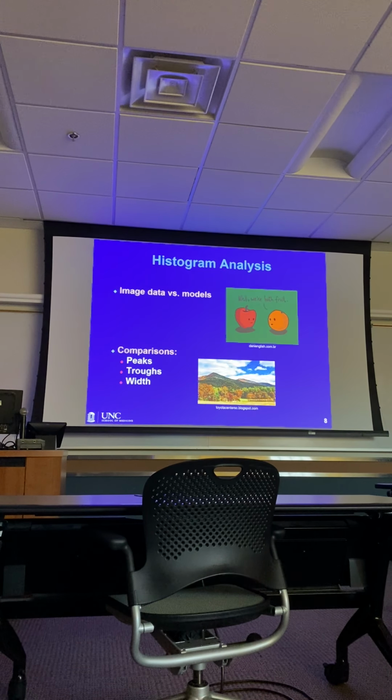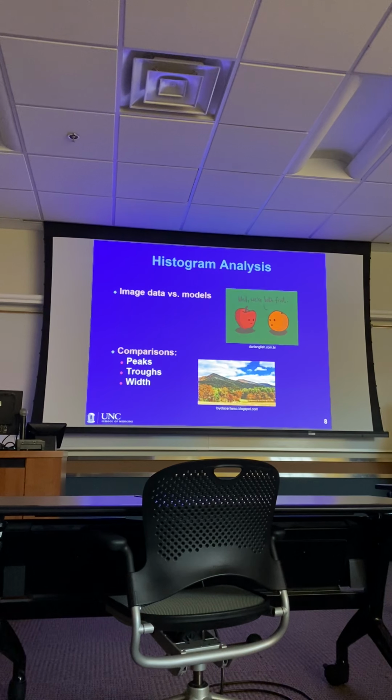Then what the system does is something called histogram analysis. The system will compare your image data to models in the system. Whenever you make an exposure, you've got all those digital values in your image matrix, and it makes a histogram of that data.